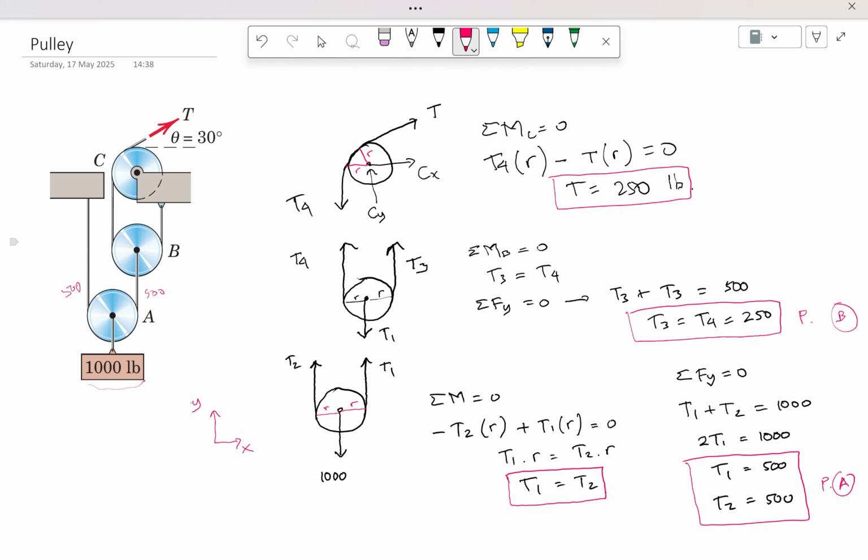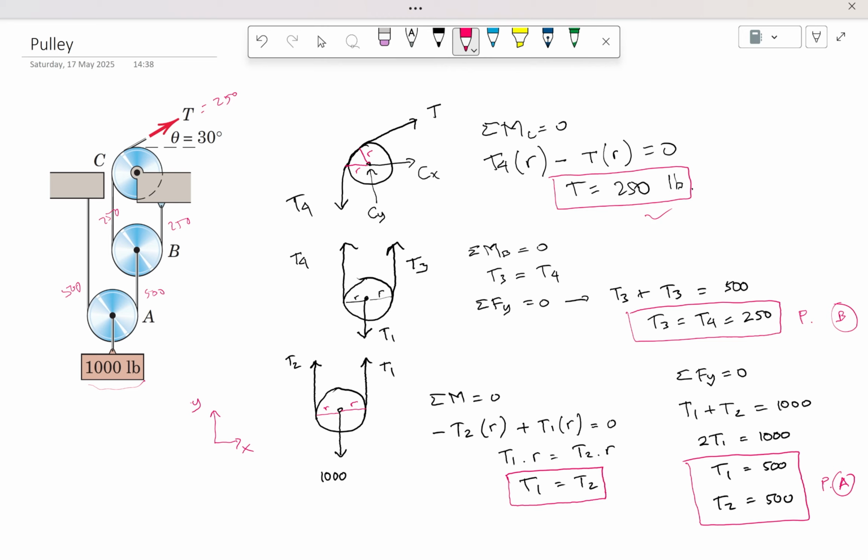And because this is 500, it's evenly sustained by these two ropes, so this is 250, this is 250, and because this is one rope, it means that T is 250. Very simple. You get it directly, not even 30 seconds, but that's not how mechanics students work.